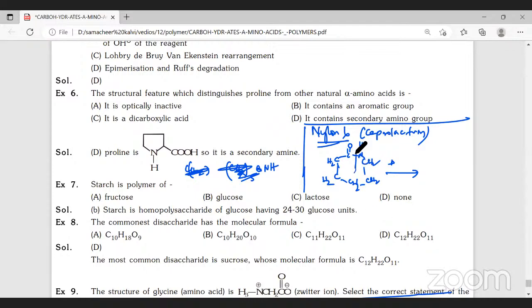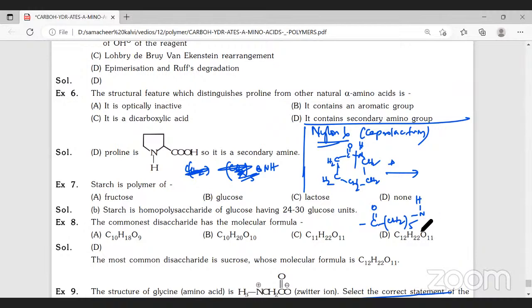The bond breaks here. When the bond breaks here, we have C double bond O, CH2 five times, and NH.